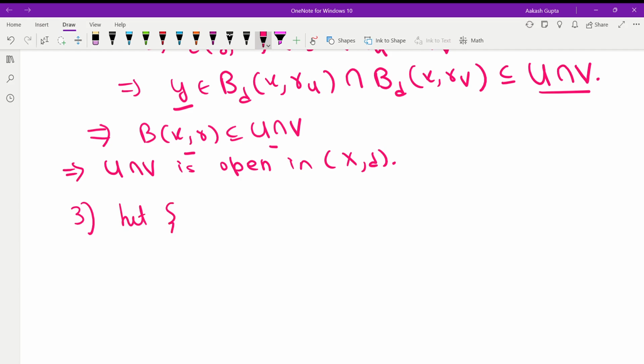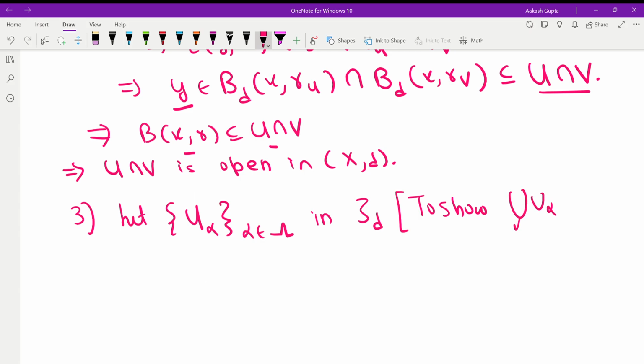So the third one is it should be closed under arbitrary union. Let us properly learn how to write it. So let U alpha, for alpha in some arbitrary indexing family, say capital lambda, be in tau d. What we have to show? The union of these is open, right?